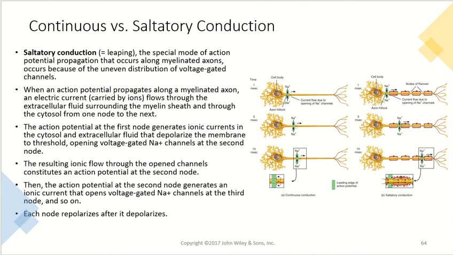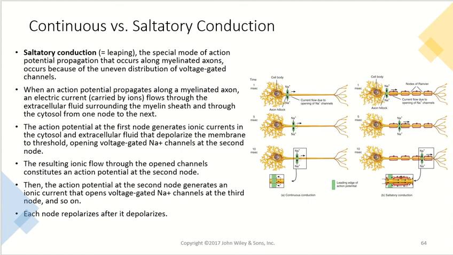When an action potential propagates along a myelinated axon, an electrical current carried by ions flows through the extracellular fluid that surrounds the myelin sheath, and through the cytosol from one node of Ranvier to the next. It's kind of leapfrogging over that myelinated bit to get to the node of Ranvier.